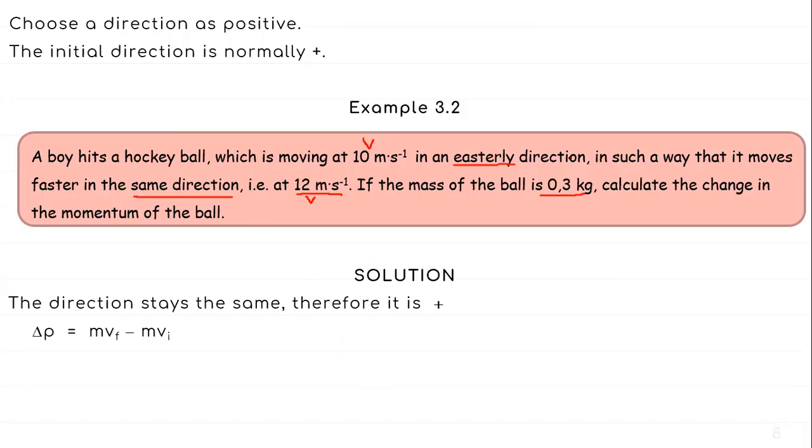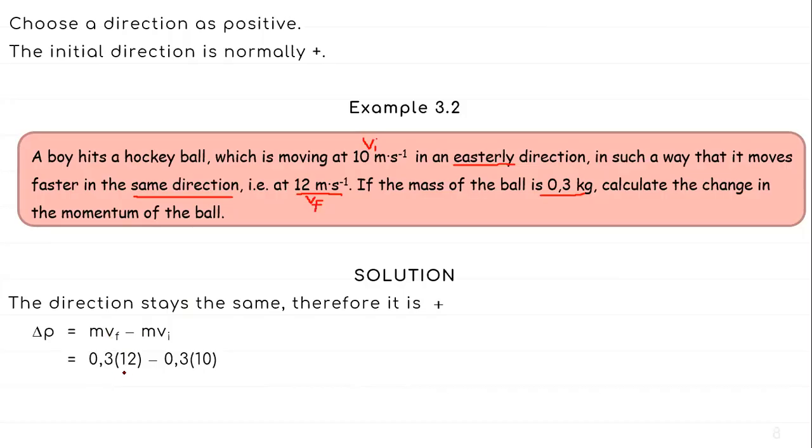Now, the mass of the ball did not change, so it is 0.3 kilograms. So in my substitution, I will say for the mass, it's 0.3. The final velocity is 12. Remember, before it was traveling at 10, so this is VI. Then after that, it was traveling at 12 meters per second, so that is VF.